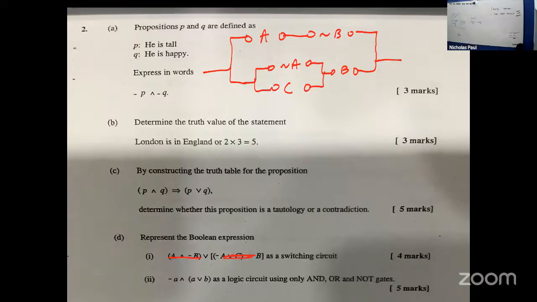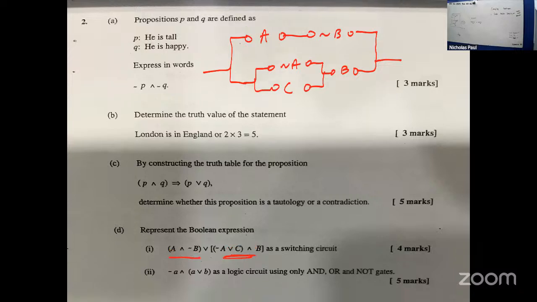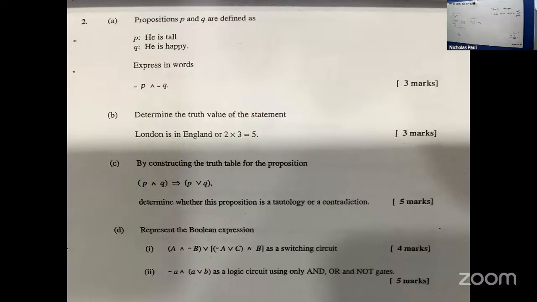Right? And last part, what they asked for in this last part here, right? They wanted as a logic circuit using only and, or, not, right? Negation of A and A or B, right? So the overall, it looks like an AND gate, and then A being fed into a NOT gate, right?